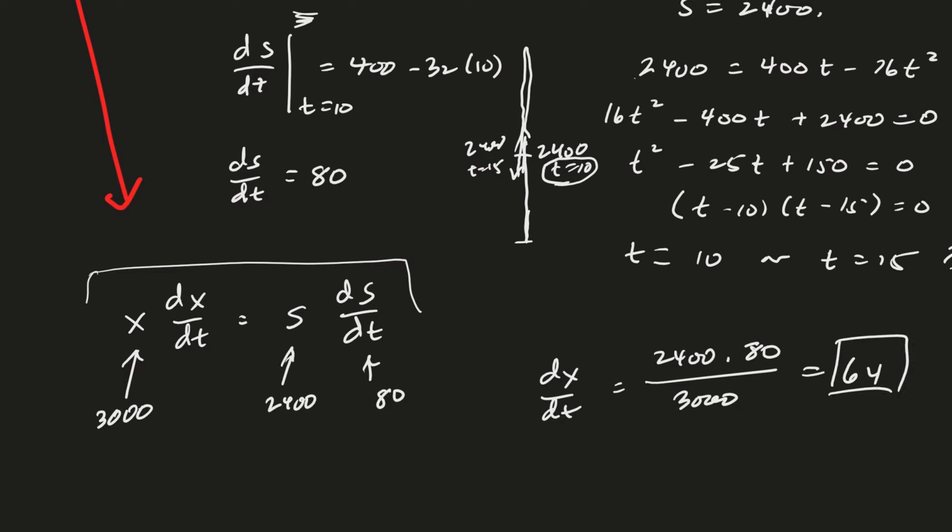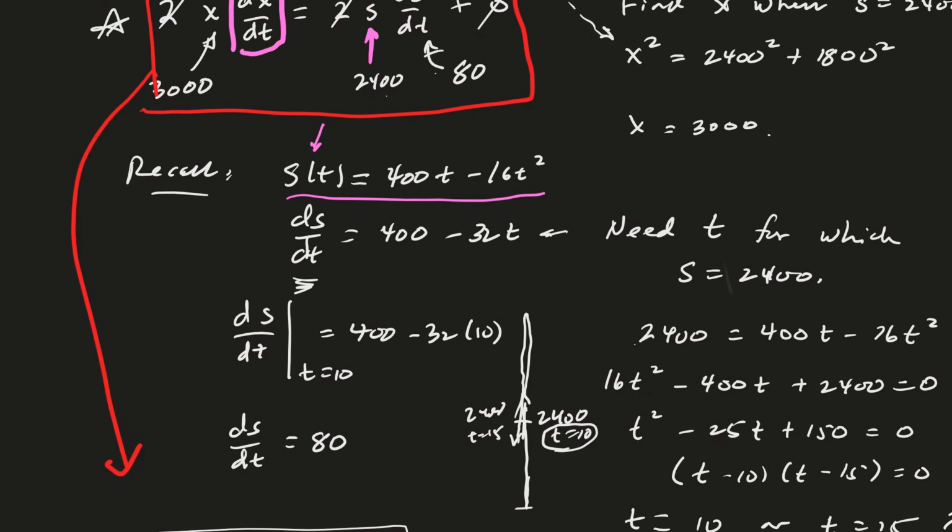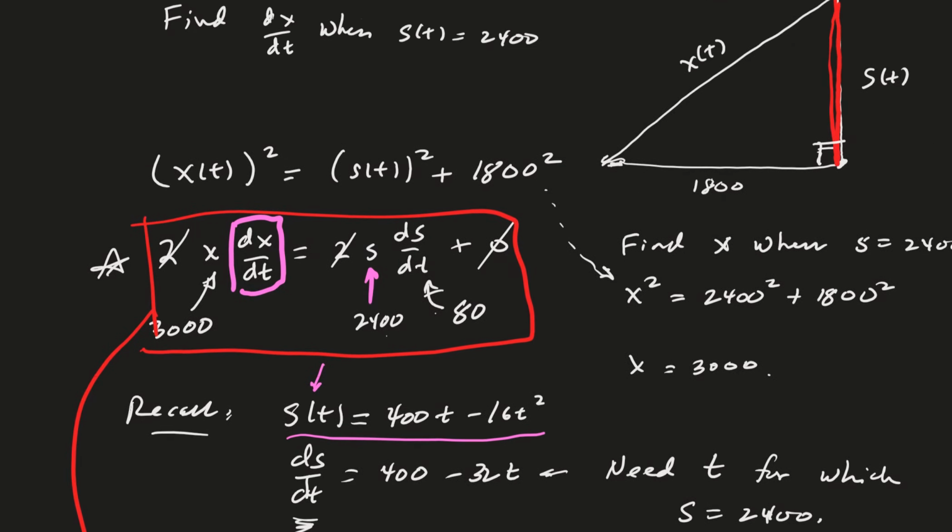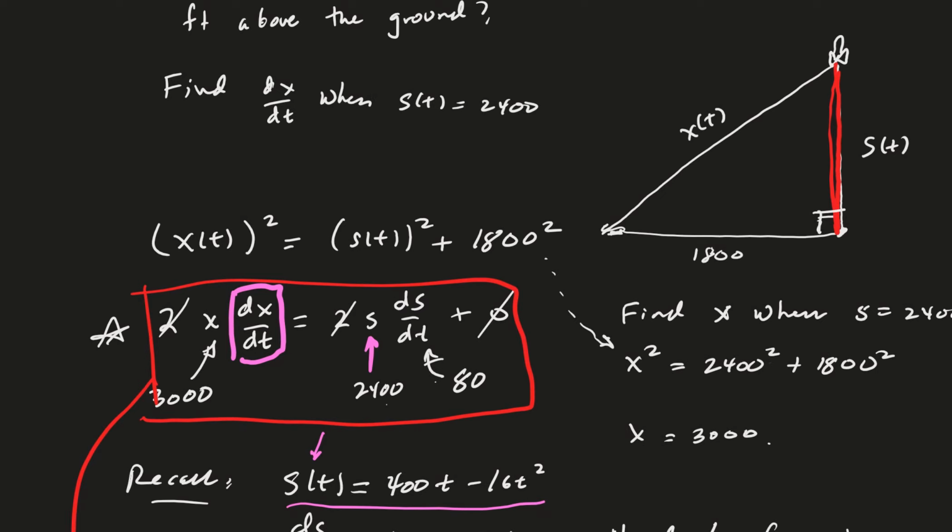Good. All right. So, what does that mean? Does that sound reasonable, by the way? If you look up here at what we were doing, this 1800 here is fixed. This is going up, and we saw that the rate of change was like an 80, right? And so the question is, how fast is this changing?